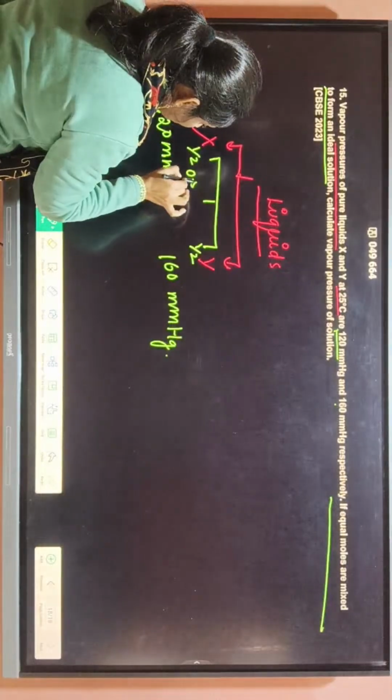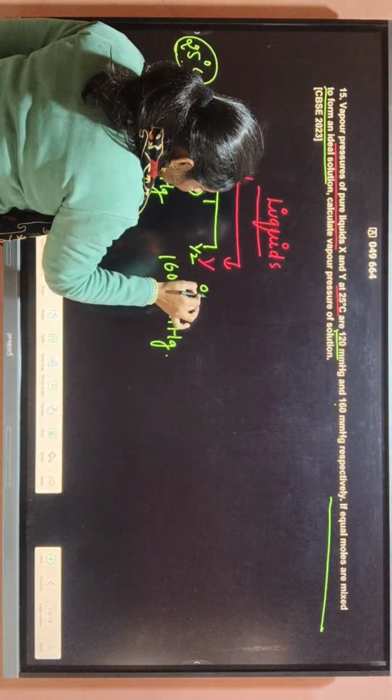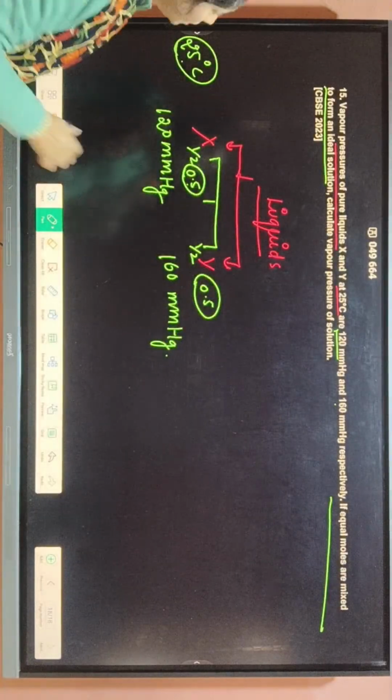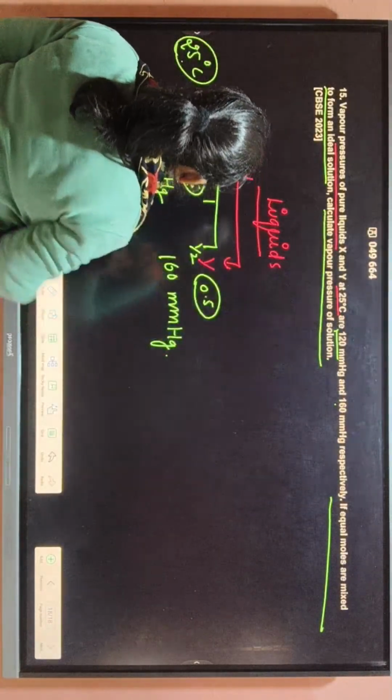We can write 0.5 mole of this and 0.5 mole of this. Clear? Calculate the vapor pressure of the solution.